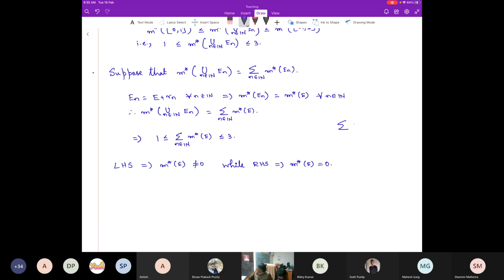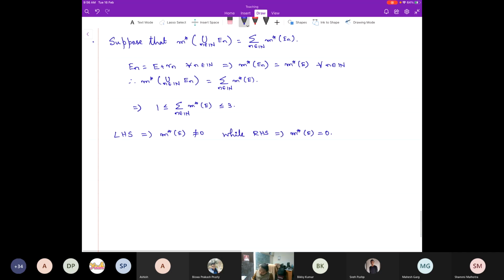See, if you have a fixed constant C, this series is either 0 or infinity. This is 0 if C is 0. If C is non-zero, then this is going to be infinite. Only these two are the possible things. Your left hand side says that it is non-zero, and therefore this series is infinite. But your right hand side says that it's a finite quantity. And therefore, the only possibility is that M star of E is 0, which is a contradiction.